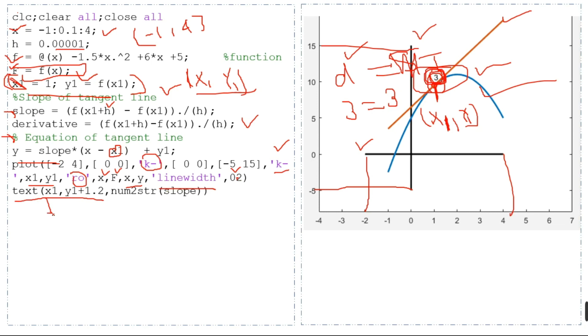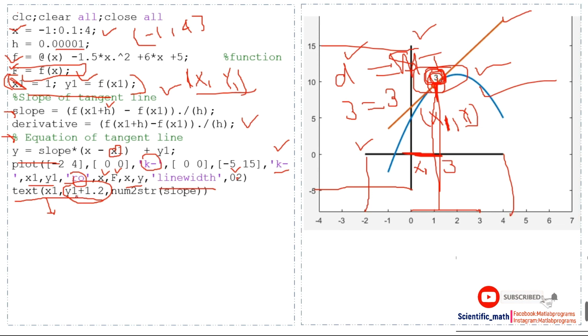This is the distance from the axis, because we have to plot it like that. We use x1 for the position, and y1 plus 1.2 for the height, so the label will be placed over here.